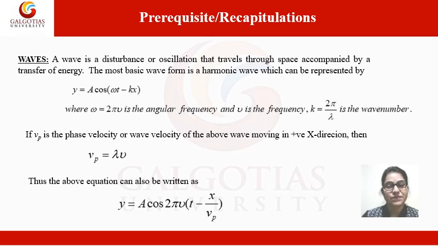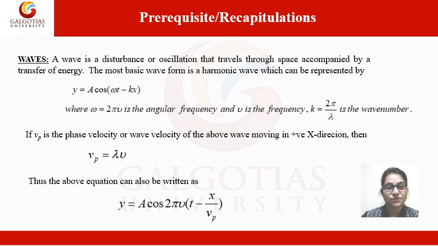The most basic waveform equation is y equals a cos(omega t minus kx), where a is the amplitude of the wave traveling in space, omega equals 2 pi nu and is the angular frequency, nu is the frequency, k is the wave vector and k equals 2 pi by lambda. If Vp is the phase velocity or wave velocity of the above wave moving in the positive x direction, then Vp equals lambda times nu.